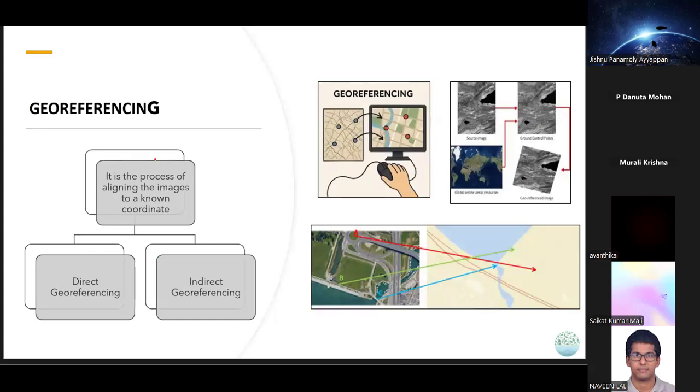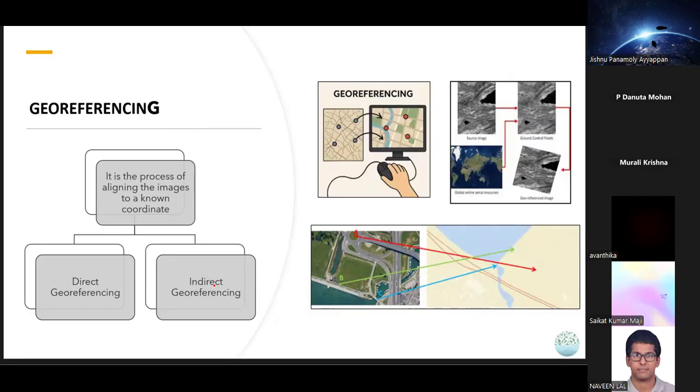Next comes georeferencing. Georeferencing is the process of aligning the images to a known coordinate system. I think most of you will be familiar with the term. Georeferencing can be classified into two types: direct georeferencing and indirect georeferencing.